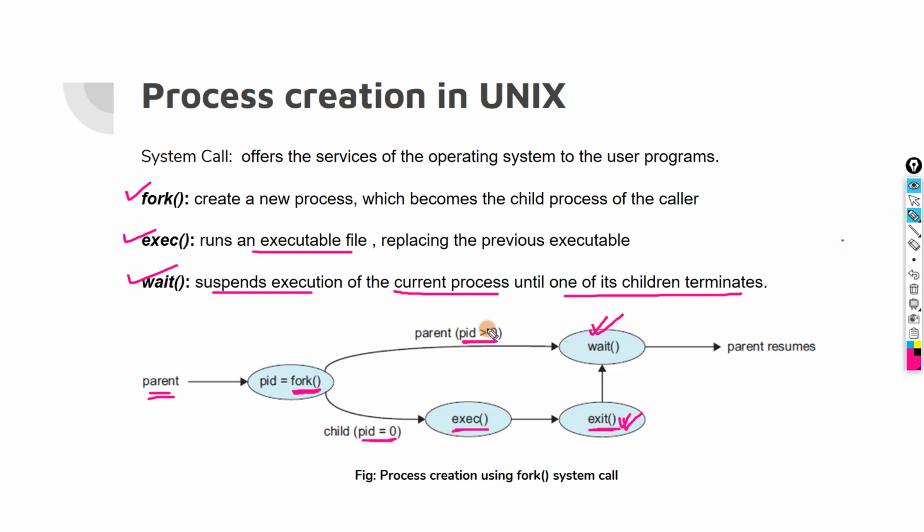So by checking the values of these PIDs, the operating system can understand which one is the parent process and which one is the child process.